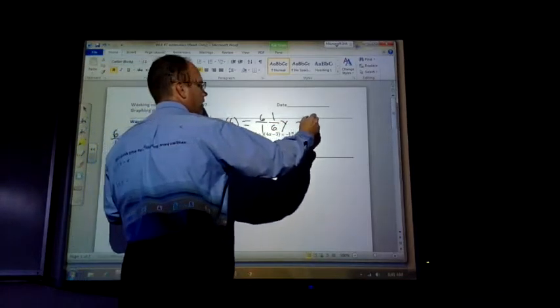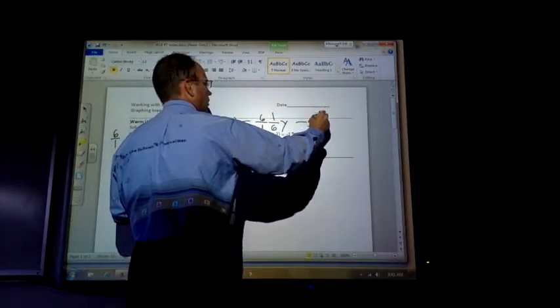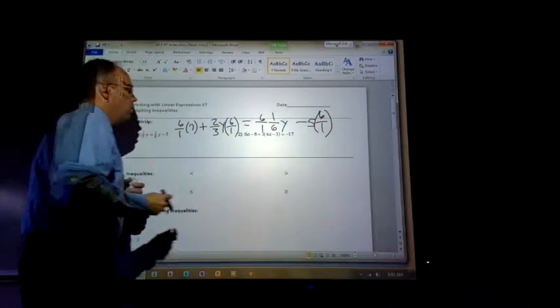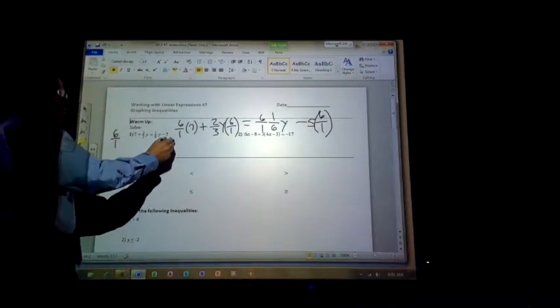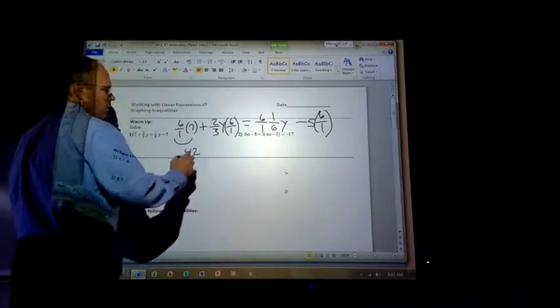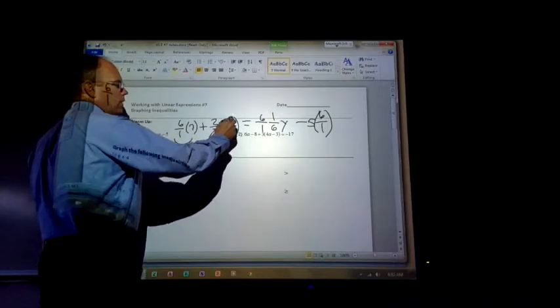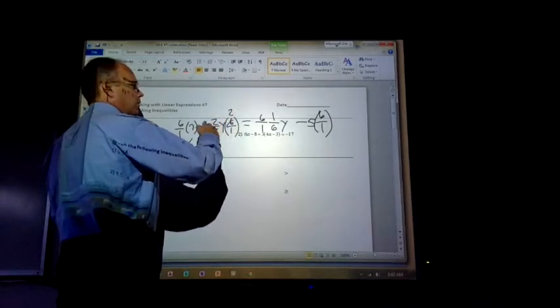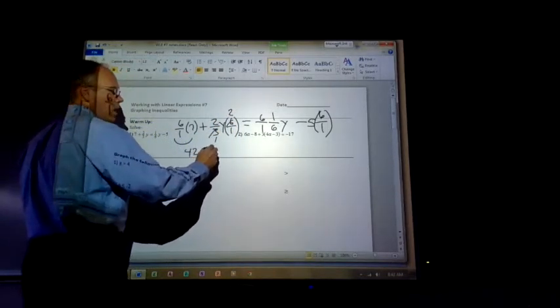Notice I have that in a weird order, but that's okay. Minus 5 times 6 over 1. Okay. What does this become? 35. Almost. 6 times 7 is? Oh, 42. You're in the right region. 3 goes into 6 how many times? Twice. What does this become? 4. So plus 4y.